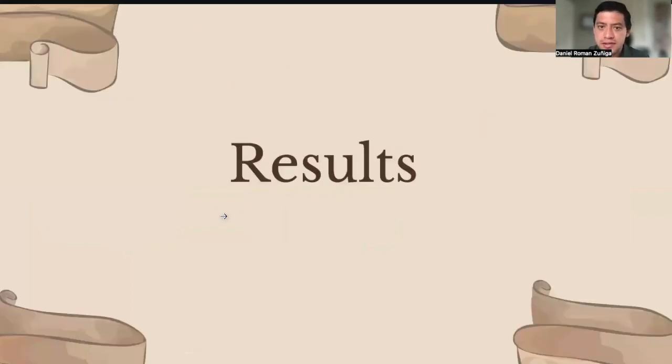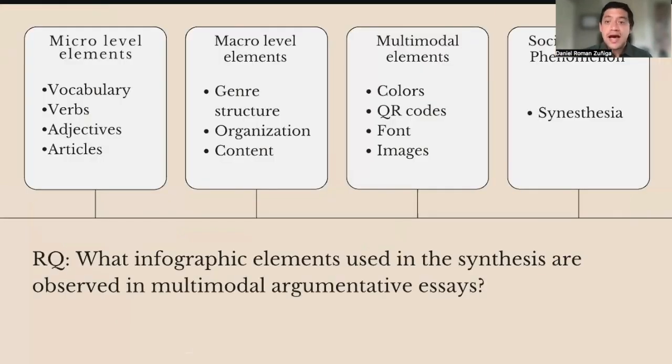So, what are the results? I found that students used micro level, macro level, and multimodal elements in the subsequent argumentative essay. In the case of micro level elements, I found vocabulary, verbs, adjectives, and articles.